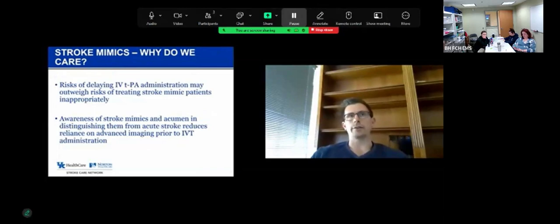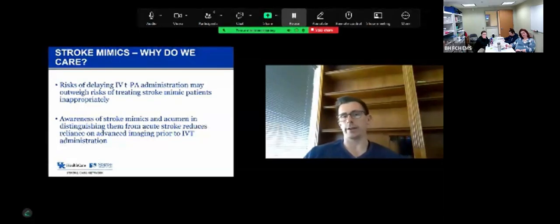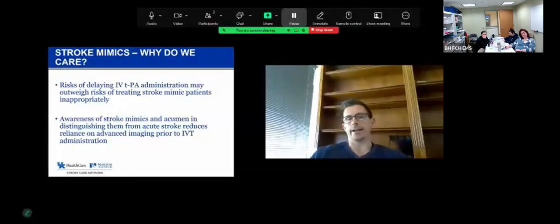If we're overly reliant on advanced imaging like CT angiogram, CT perfusion, MRI, we risk delaying IV TPA, which risks increasing morbidity and mortality to people who actually have acute ischemic stroke. And again, being more aware and adept at distinguishing stroke mimics just helps us make these diagnoses more quickly and get people treated appropriately quickly.